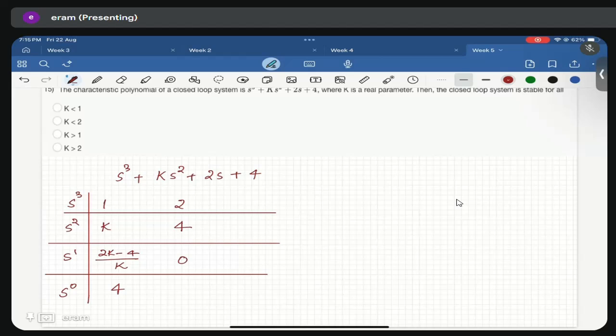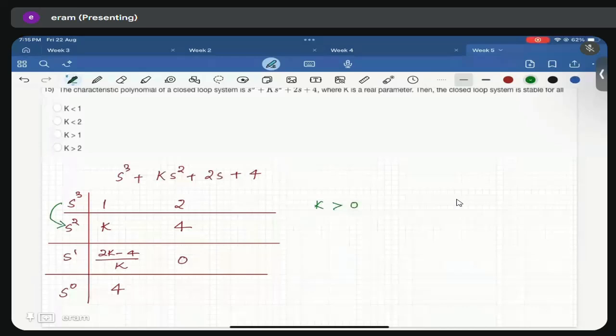Now in order to have no sign change, what are the conditions? Okay, so in order to have no sign change here, we need to ensure k is greater than 0.